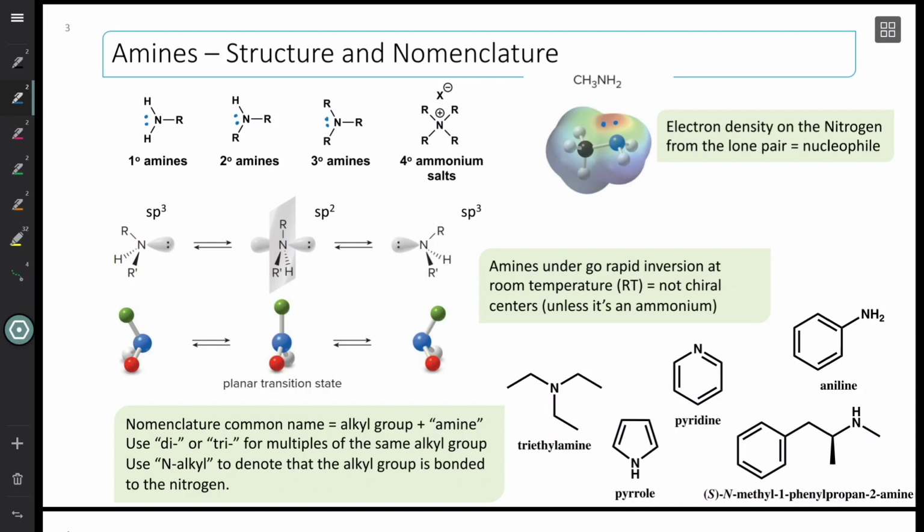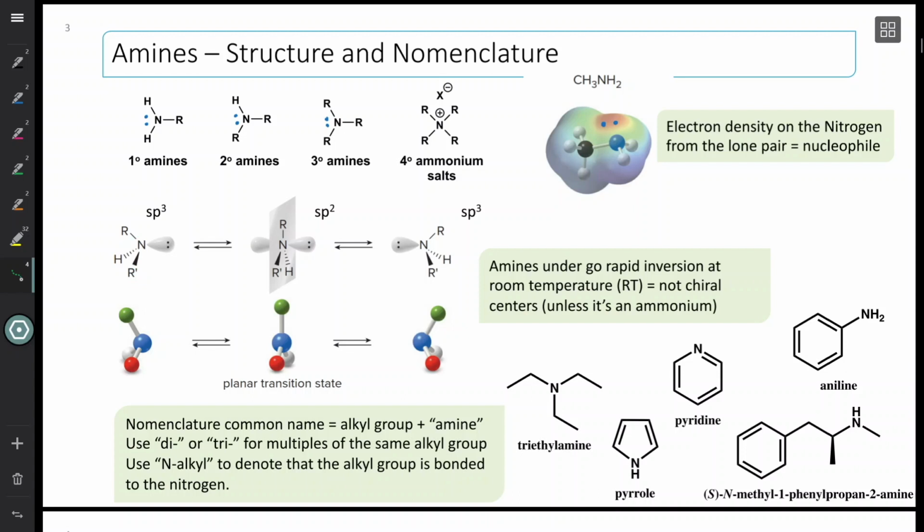Now, can amines be chiral centers? Generally, no, because of rapid inversion. I don't know if you covered this in Organic 1, but basically you can have an sp3 amine with the lone pair taking one position, and if these substituents are all different, you would have a sort of chiral center here.